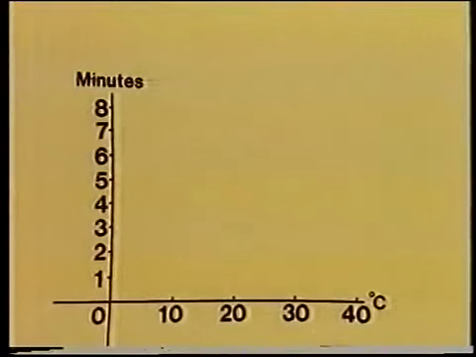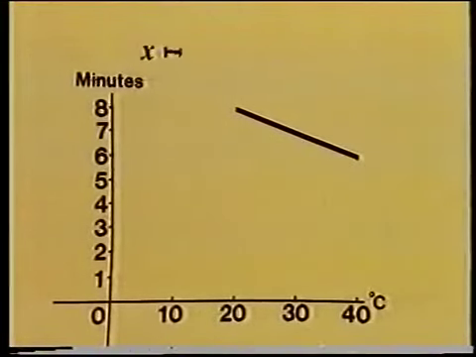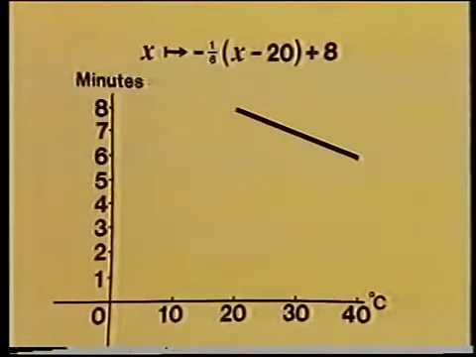The manufacturers tell us that if the temperature is 20 degrees centigrade, you've got to develop for 8 minutes. And for every degree above 20, you have to reduce the time for developing by 1/6 of a minute. And here's the rule for developing time. Now, if you take the domain and the codomain for that rule as being all real numbers, you get the complete straight line.